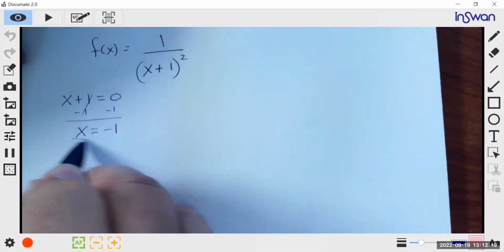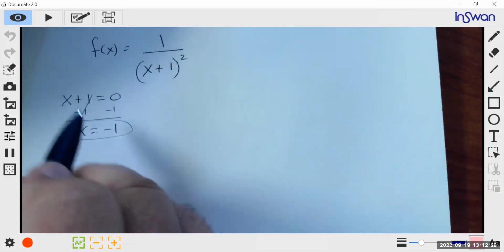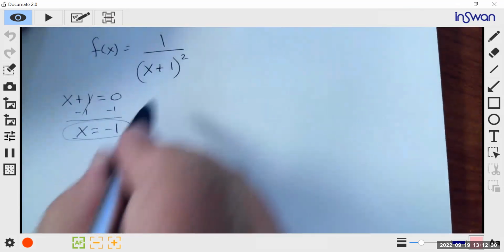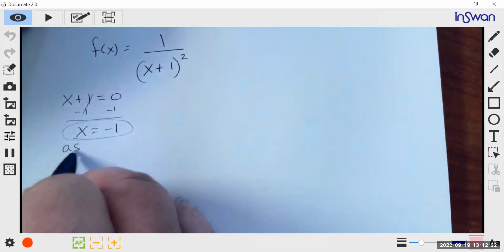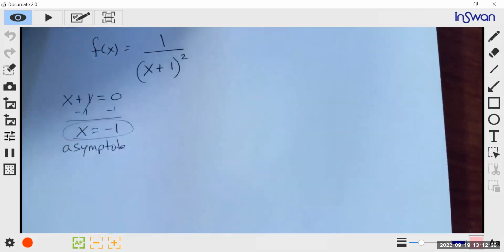So what happens at x equals -1? At x equals -1, the bottom is 0. So that's my asymptote.